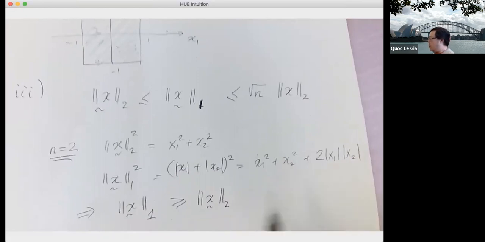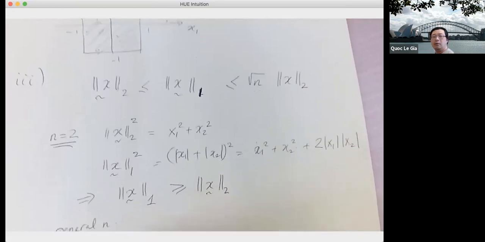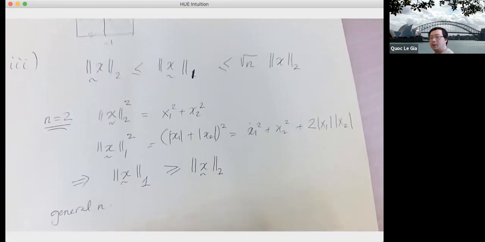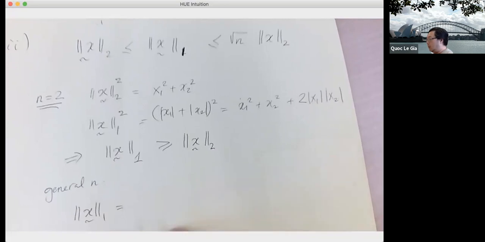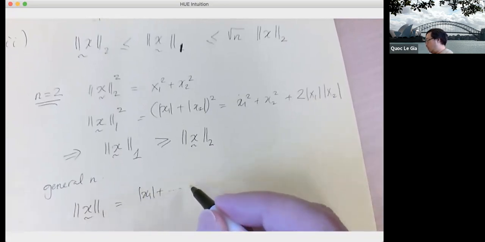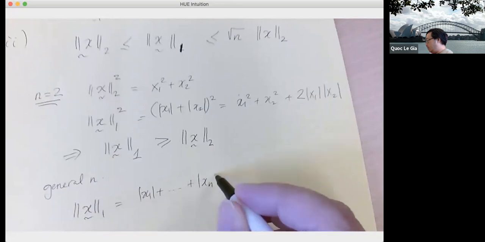So just expand it. You do the same in general for general n. You start proving with a simple case first, and when you see the idea, then you can do the general case. So for general n, the 1 norm of x is the sum of the absolute values of x1 up to xn.